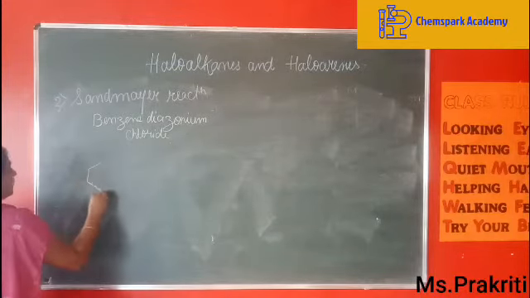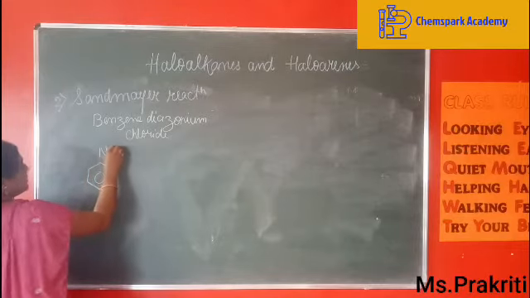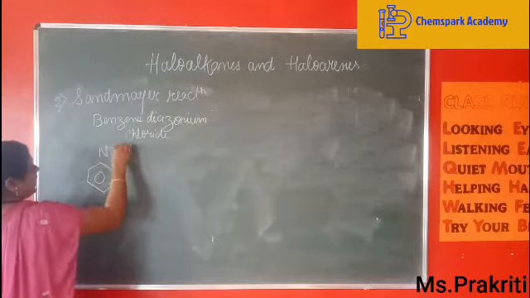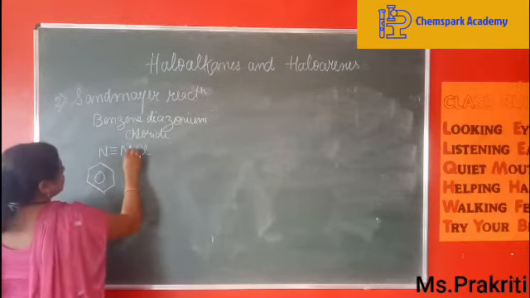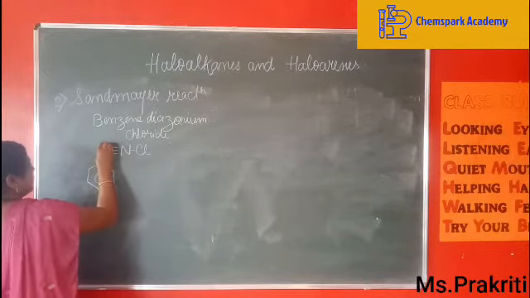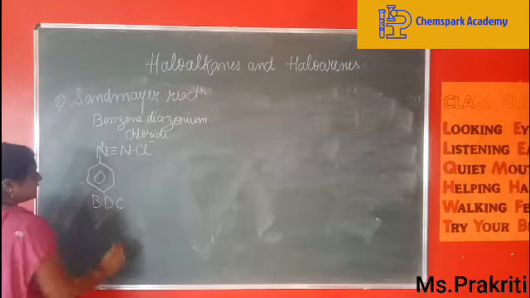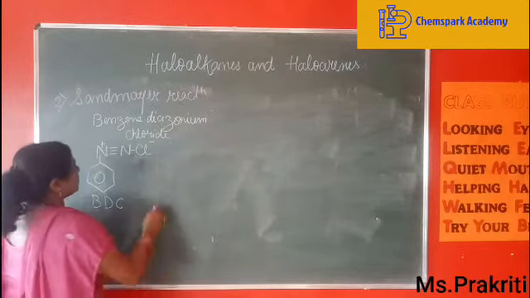It is benzene, diazo is N triple bond N and chloride is Cl. So this is BDC, benzene diazonium chloride.